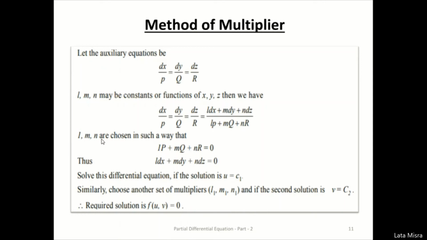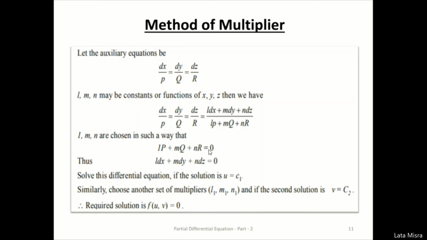So we choose the multiplier l, m, n in such a way that the denominator lp + mq + nr becomes 0. So here we have four terms in the auxiliary equation: dx/p, dy/q, dz/r, and (l dx + m dy + n dz)/0.